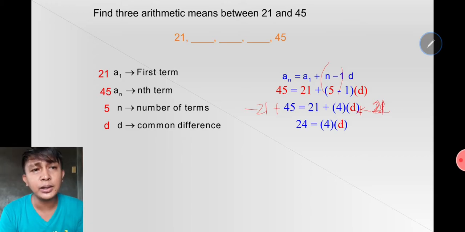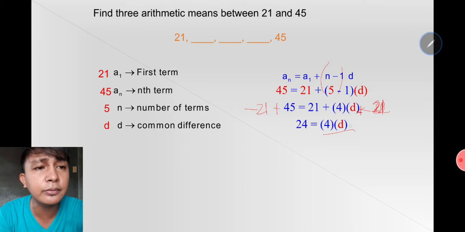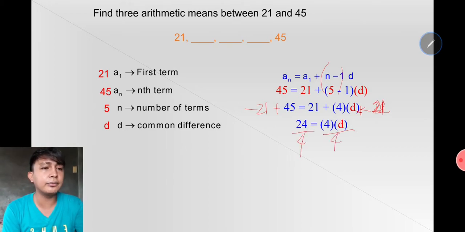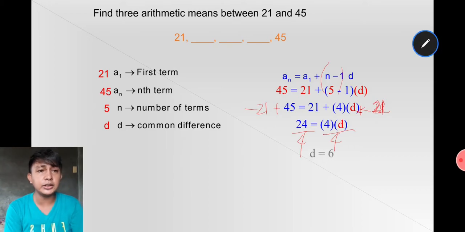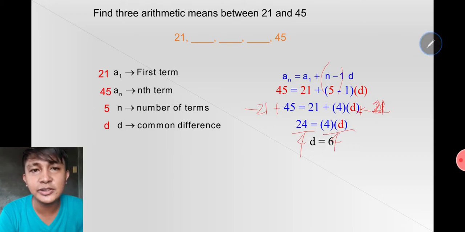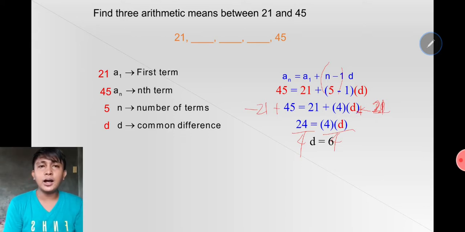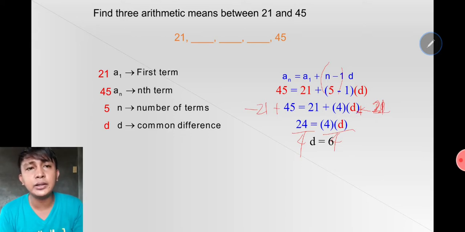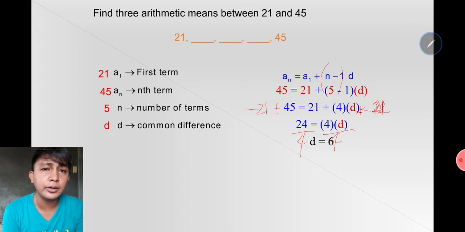To get rid of the 4 that goes with d, we should always isolate the variable. So we divide by 4, and there we have the value of d, which is equal to 6. Again, what should we do to get the second, third, and fourth terms?